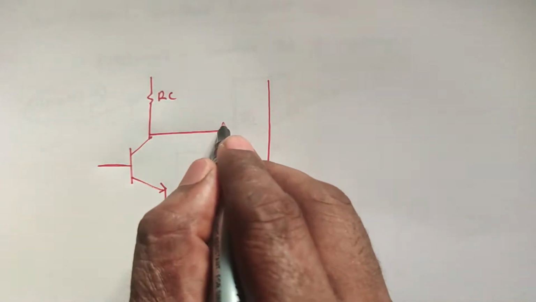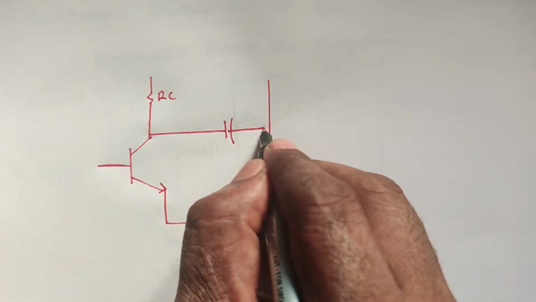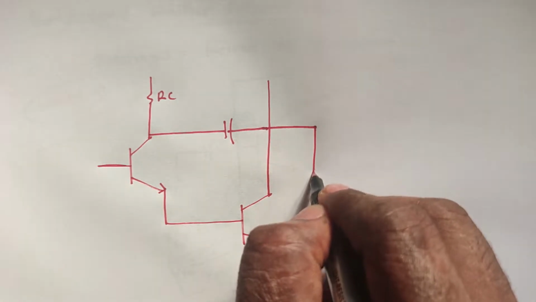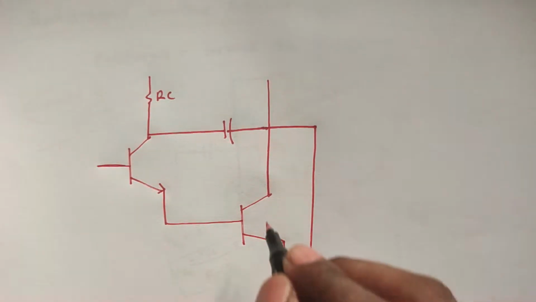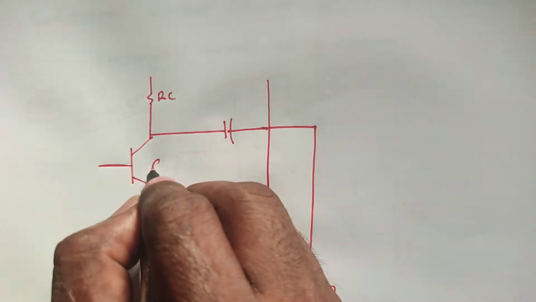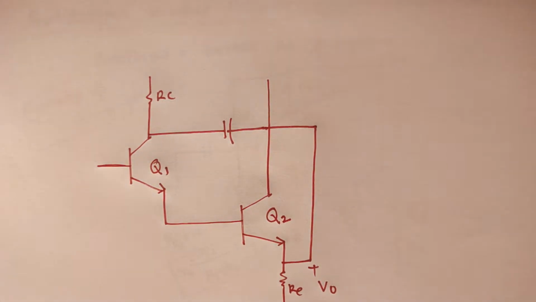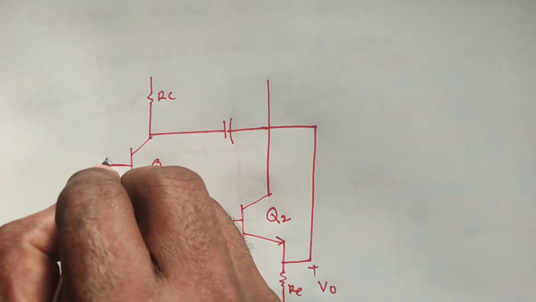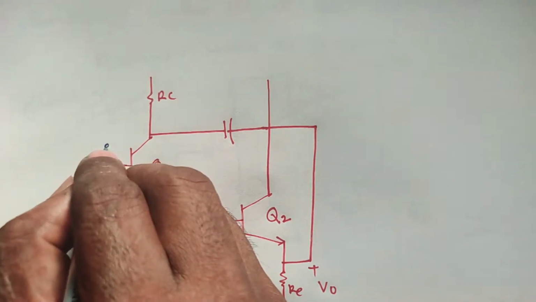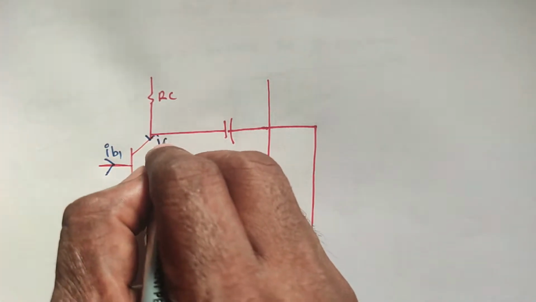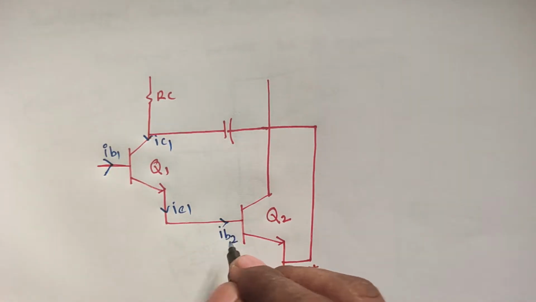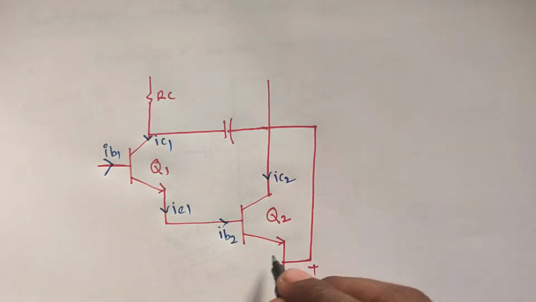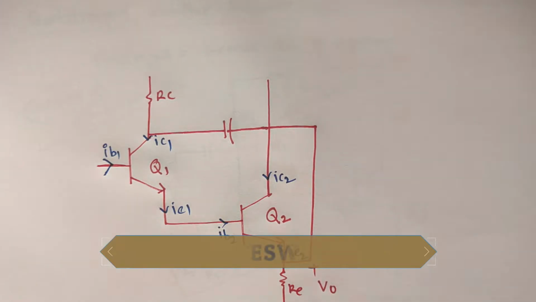Take one capacitor, which is connected from the output of the second transistor, and that one is RE. For the first transistor, the input current is IB1, this is IC1, here IE1, here IB2, here IC2, and this one is IE2.